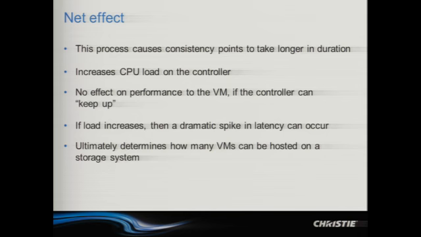So the net effect is we have a much higher burn of CPU on the controller, and much higher load on the disk. And what happens is, as soon as the system can no longer keep up, bad things happen. As soon as I can no longer cache those writes, now I can only write to that system as fast as I can read from it. So we start reading from it as fast as we can write to it, and the whole thing starts to bind down.